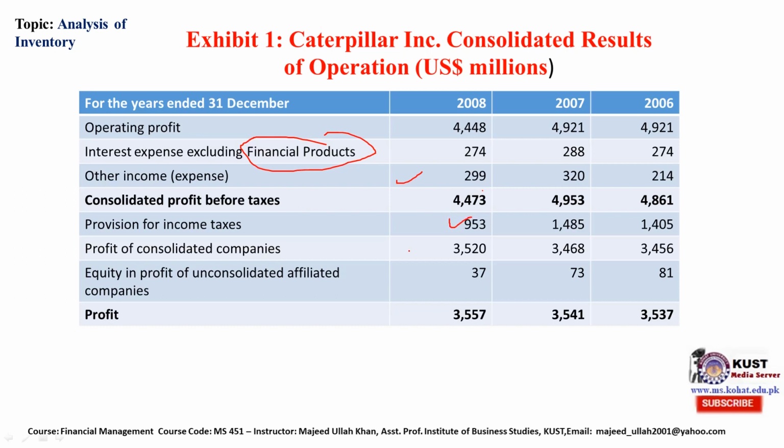Now this is consolidated profit for the company's shareholders, and this is for the minority shareholders. Total profit is that much. It is allocated into total profit, or the profit is allocated to minority shareholders and the consolidated companies.